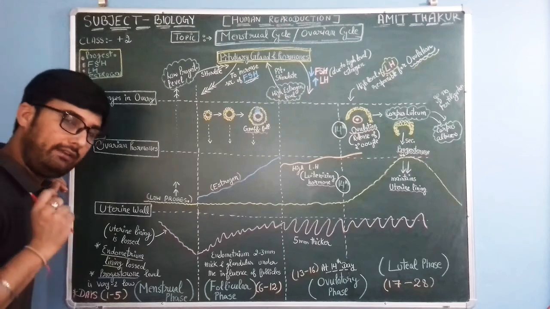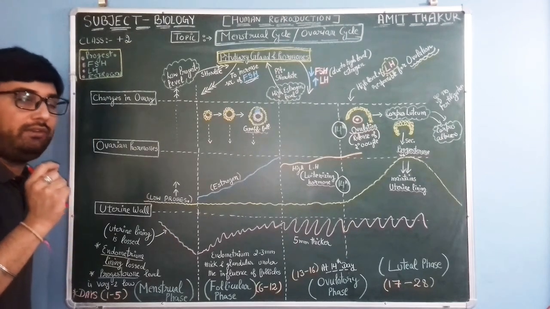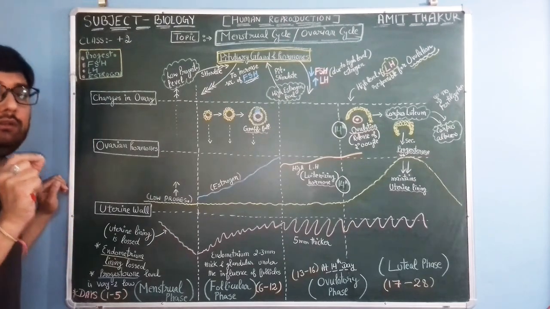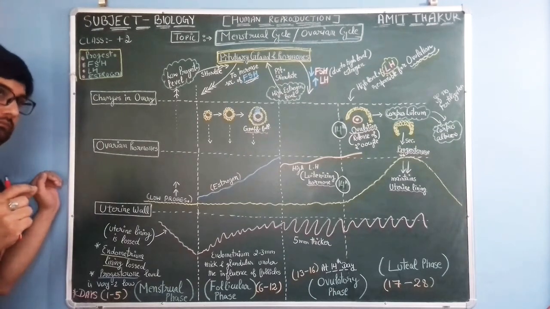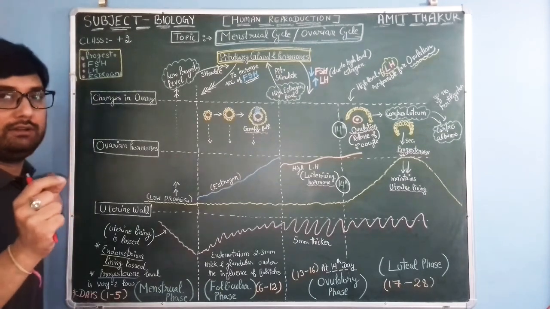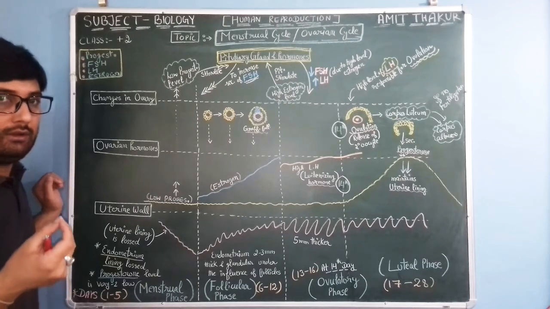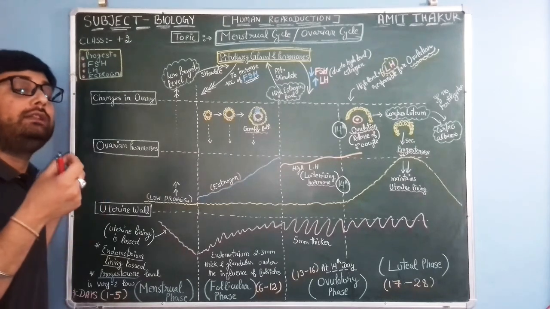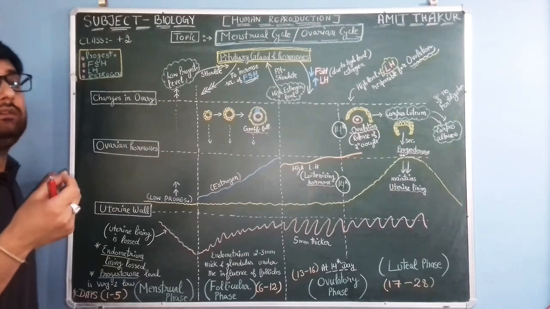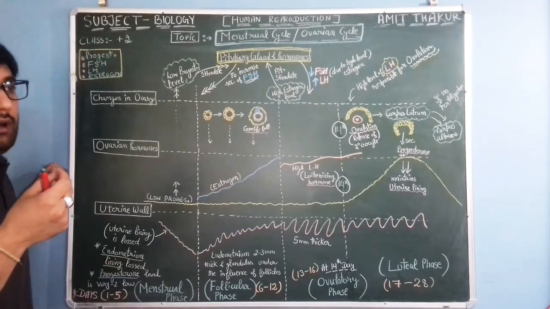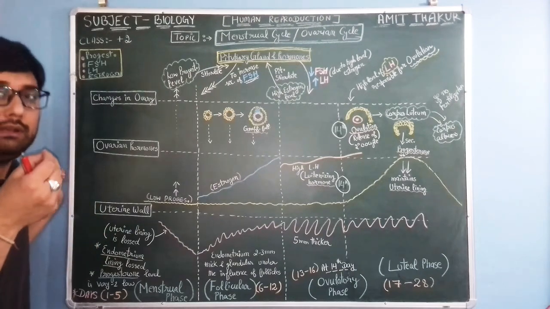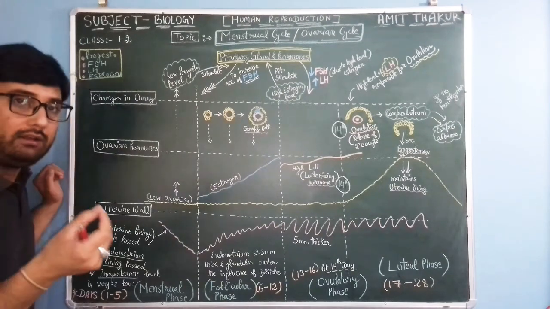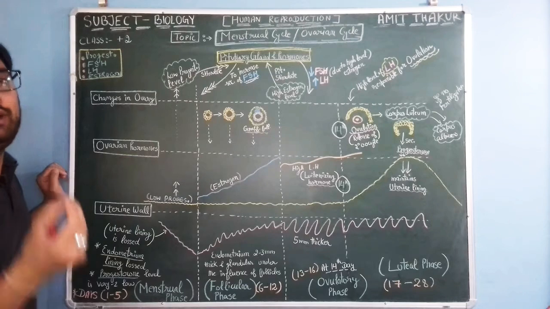As I told you, we will start with the menstrual phase, and the menstrual phase is marked with vaginal bleeding. Why? Because the vaginal bleeding occurs because of the loss of the endometrium lining along with blood vessels.